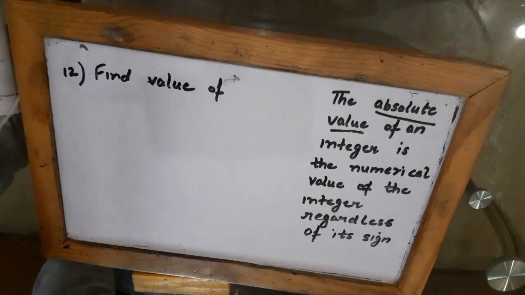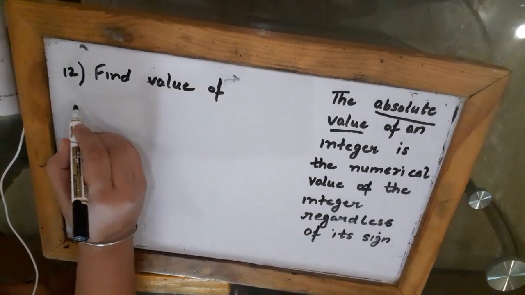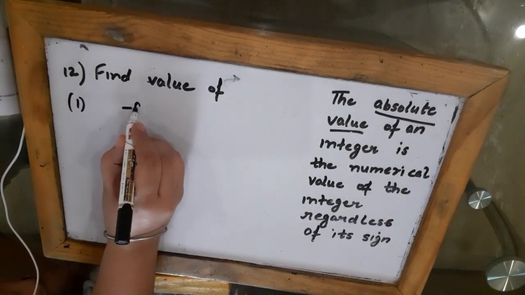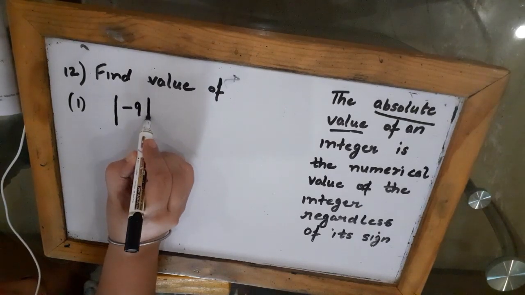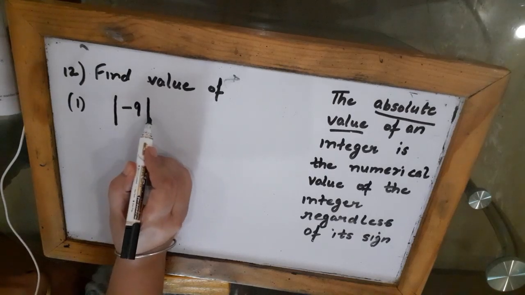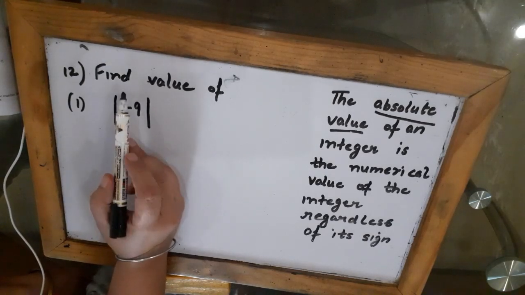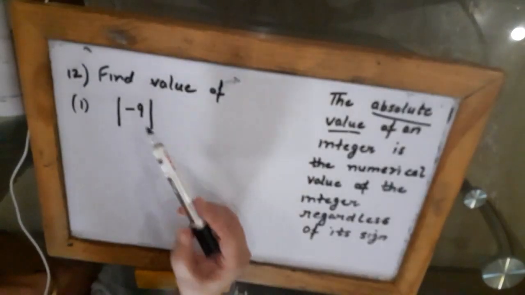Now I start with question number 12. In question number 12 they say find the value of minus 9, and you can see the vertical bars over here. These vertical bars stand for absolute value. It means I have to find the absolute value of minus 9. Now what is absolute value?